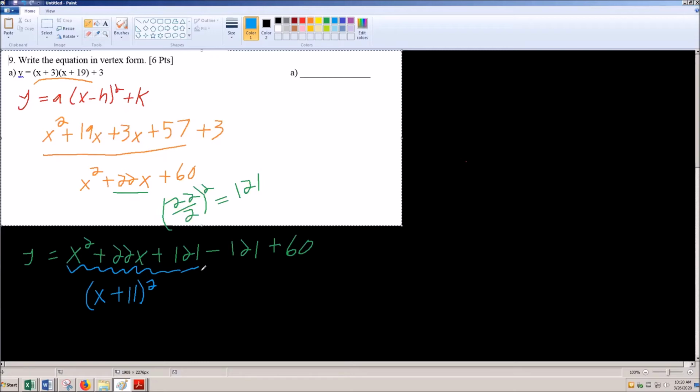And then on the outside, I have negative 121 and a positive 60. So this is going to be minus 61. Just like that, I am good to go. Any questions here? A value here is just 1.